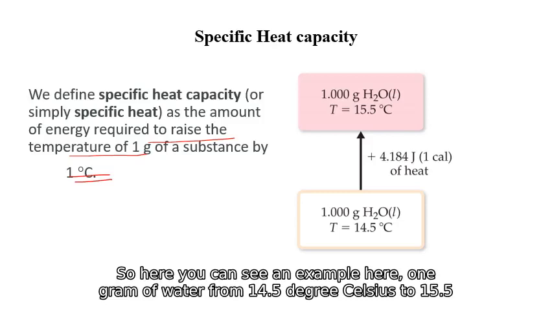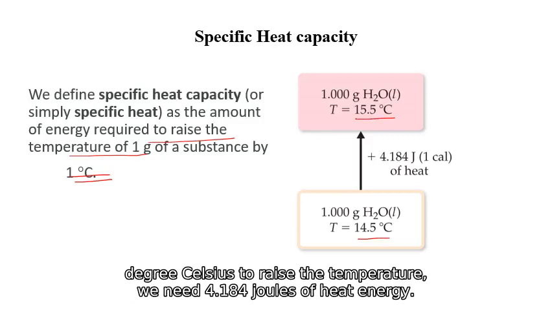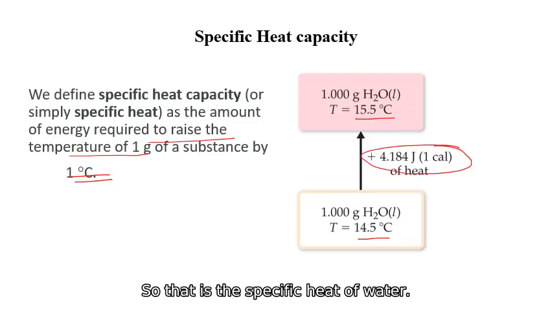Here you can see an example: to raise the temperature of 1 gram of water from 14.5 degrees Celsius to 15.5 degrees Celsius, we need 4.184 joules of heat energy. So that is the specific heat of water.